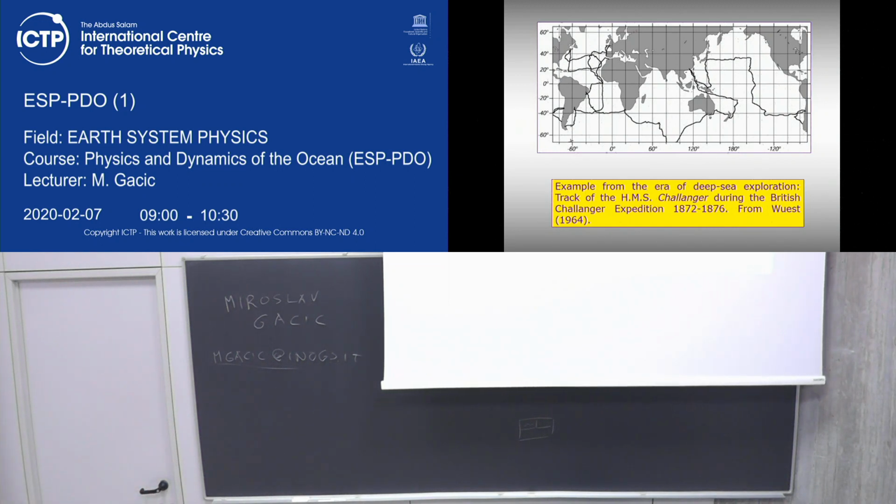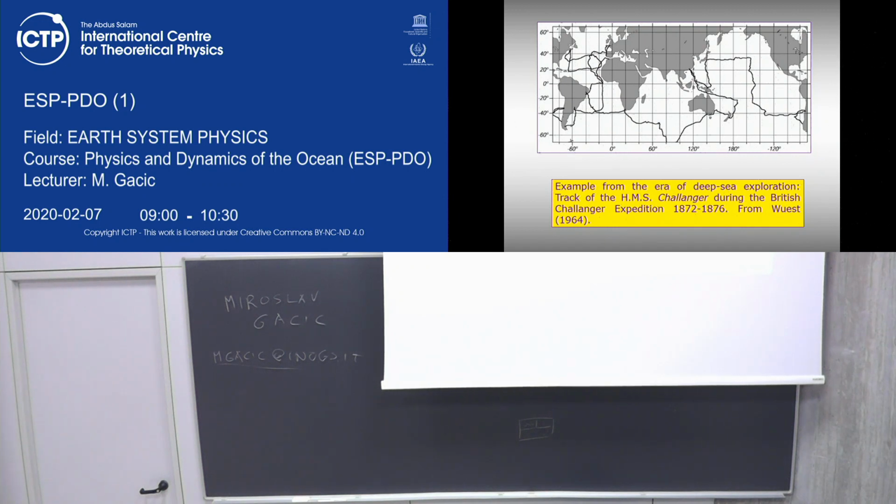At every single point the ship stopped and measured the temperature and salinity at different depths. And you see that there is quite a nice coverage of the world ocean.